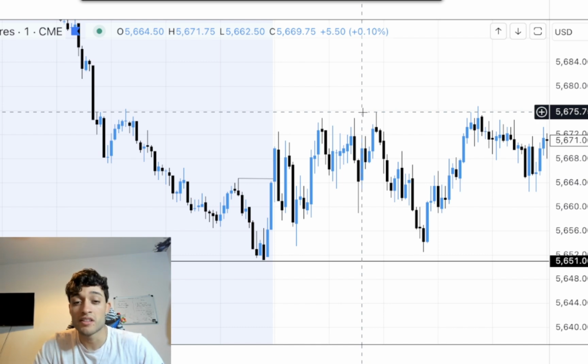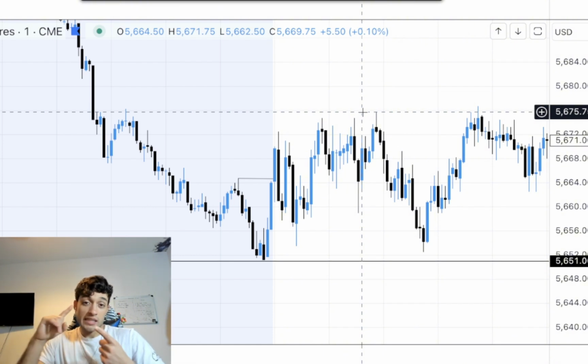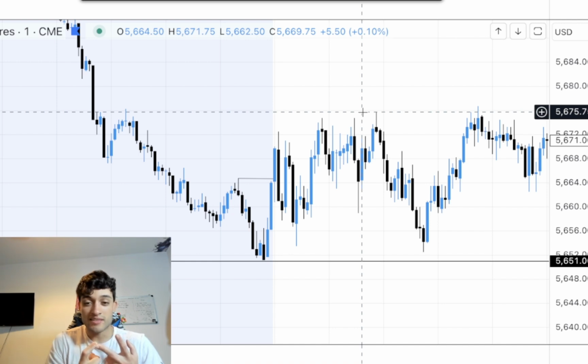It's not worth it. Now when we do take into consideration liquidity sweep plus SMT divergence, which is basically signaling that that is an actual manipulation and it's not just something else, so we have manipulation, liquidity sweep, and break of structure. So these are three great confluences to add up to our game.